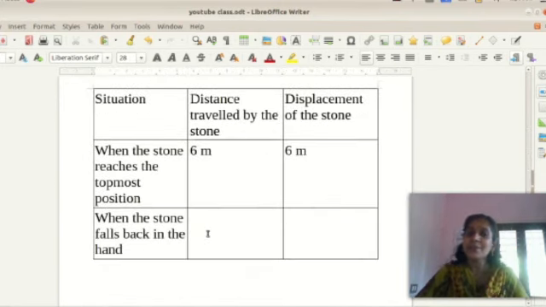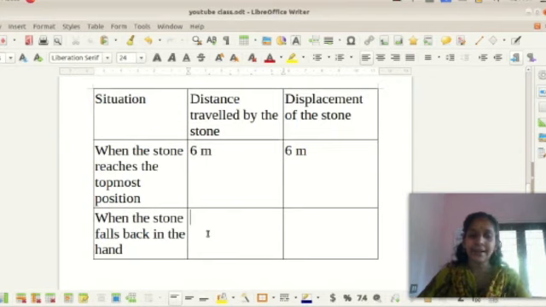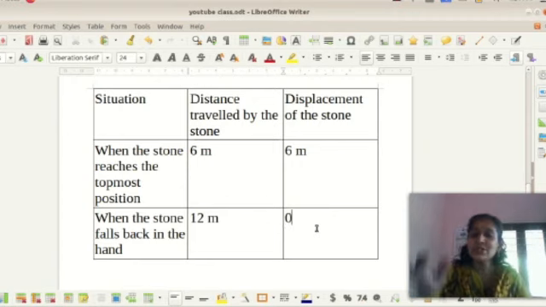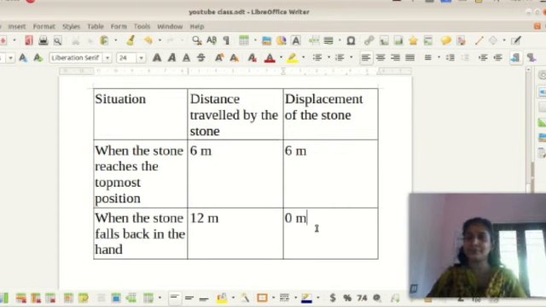When the stone falls back in the hand, it travels 12 meters. But when it reaches the hand, the straight line distance is equal to 0 meter. Isn't it? 0 means nothing.